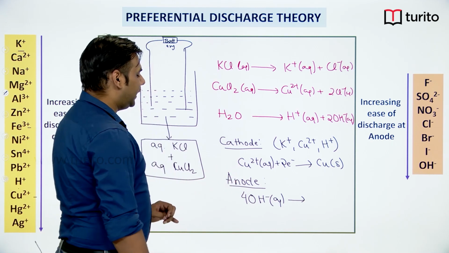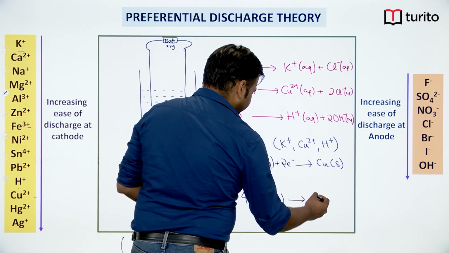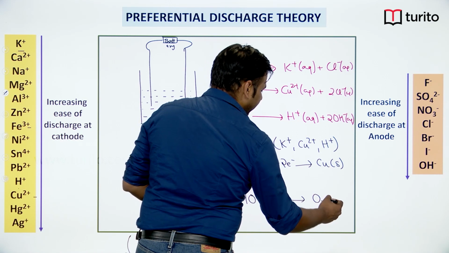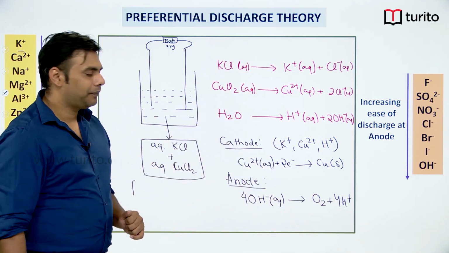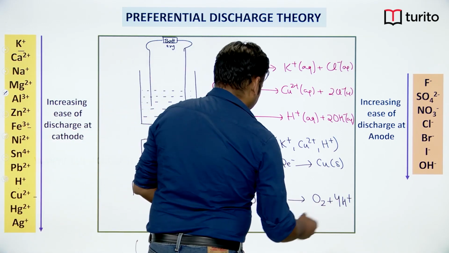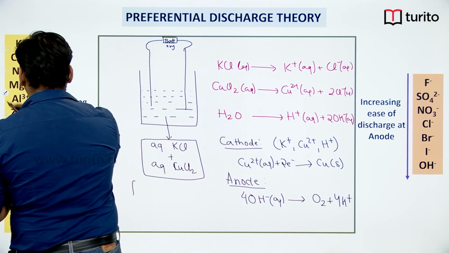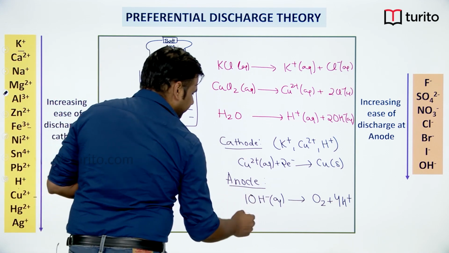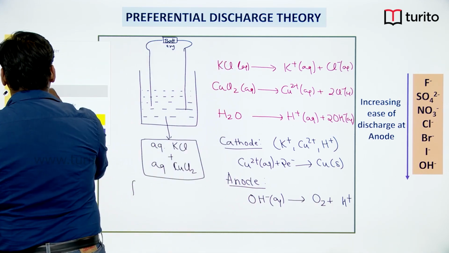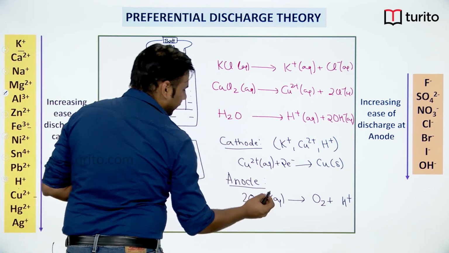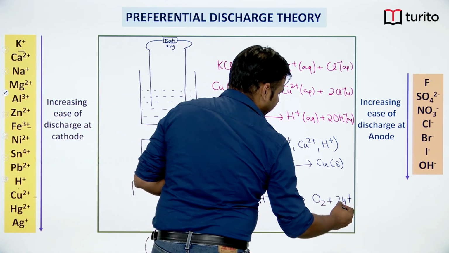Okay. So when you take this, you evolve O2 gas, okay, and 4 H plus, or you can rather take this as 2 OH negative will give us O2 gas plus 2H plus.